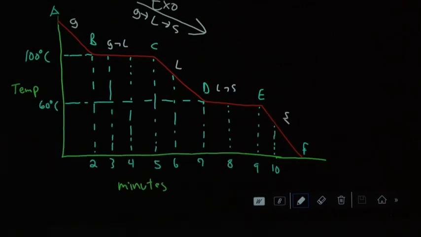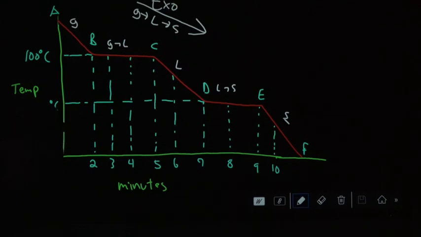Now there's a question on your packet, and it's very confusing. The question said, how many minutes does it take to go from the beginning of the liquid state until the substance is totally frozen?